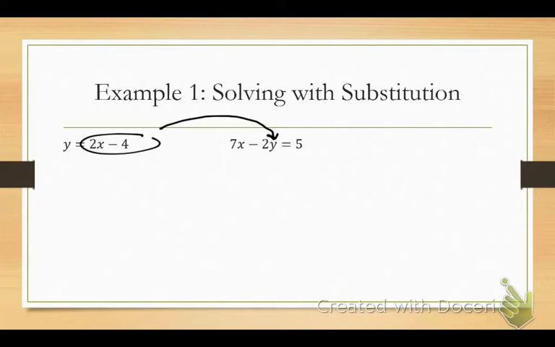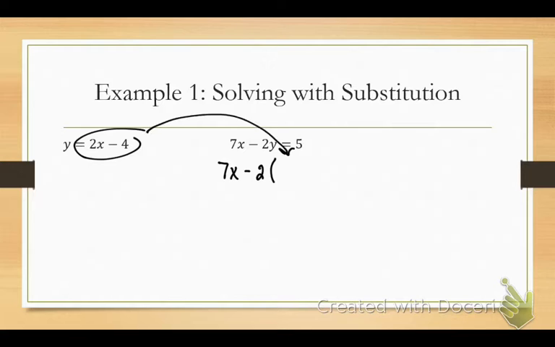This is what it looks like: 7x minus 2, but now instead of the y, I'm going to plug in the expression that y equaled in the first equation. So 2x minus 4 goes in parentheses, and then I bring down the rest. See what I did there?